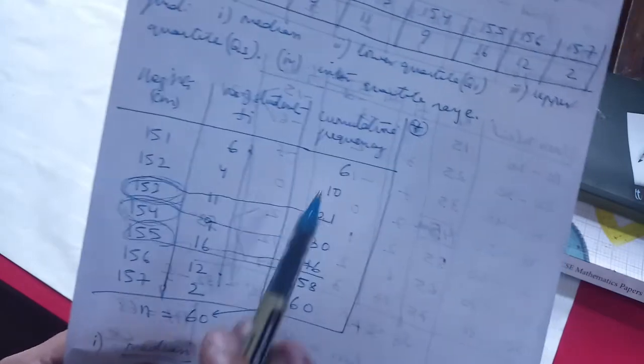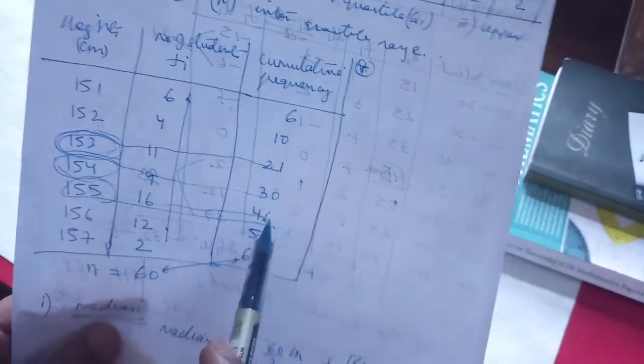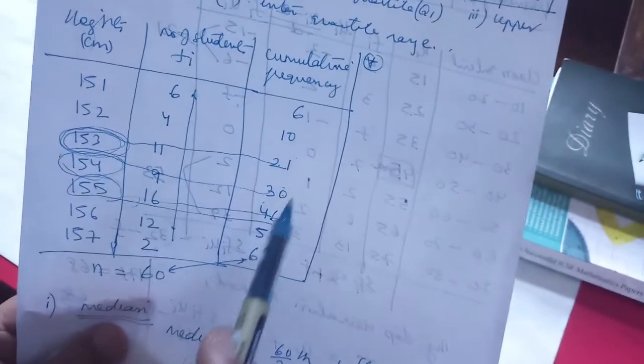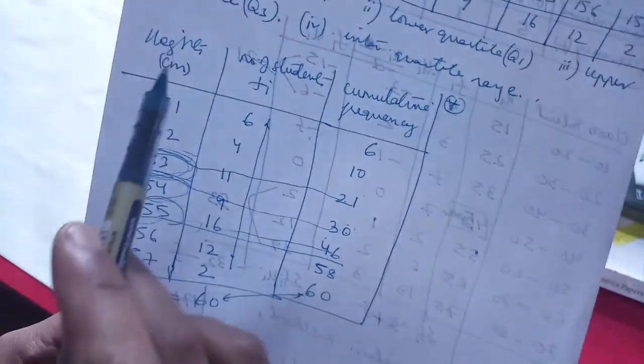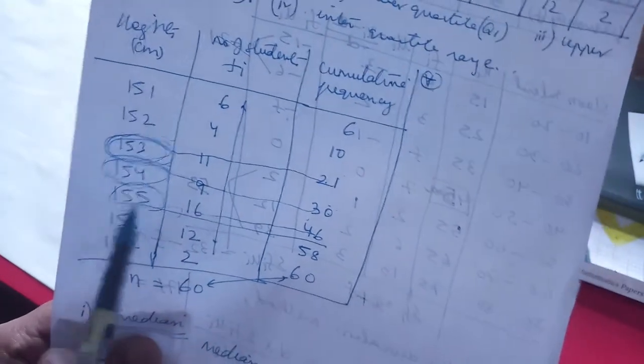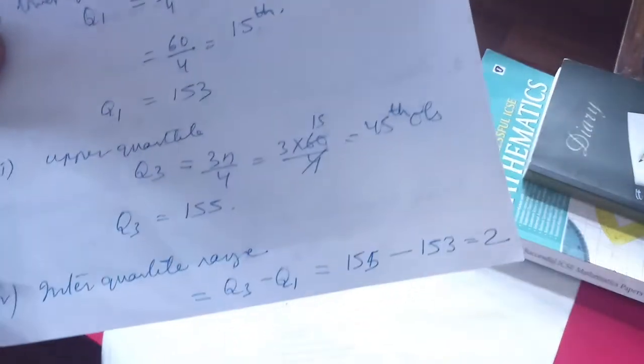So you go on adding, then this will be your observations. Based on this value of the observation, you have to write down the corresponding data. Okay, so that will give you median, lower quartile, upper quartile, and interquartile range.